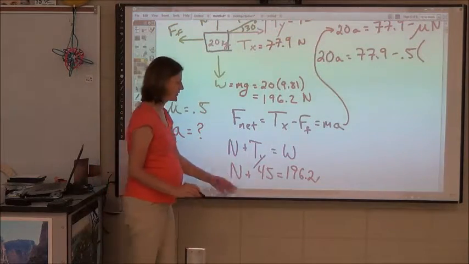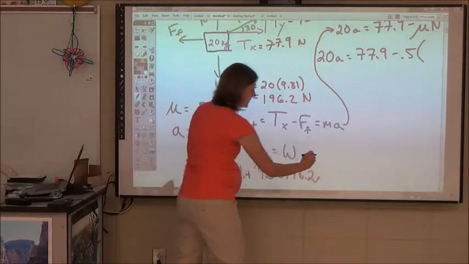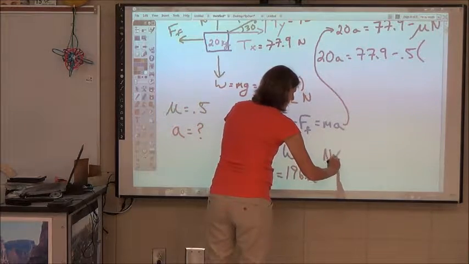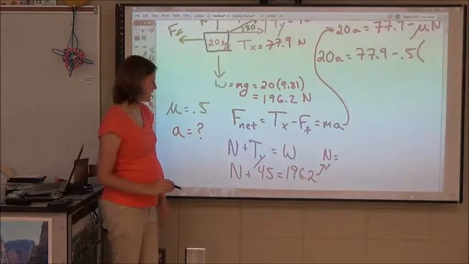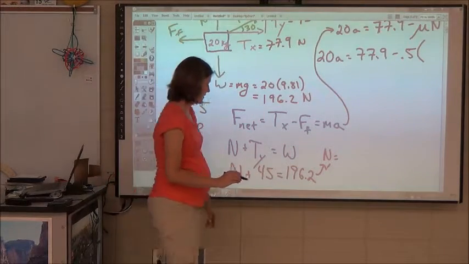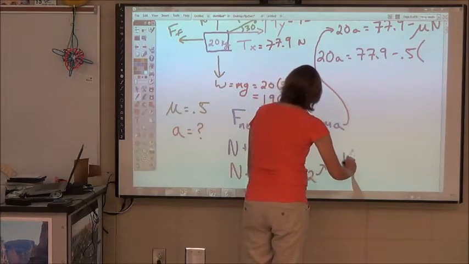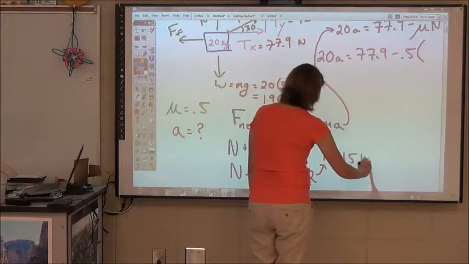So the normal force, again, is not 196.2. But 196.2 minus 45 is 151.2.